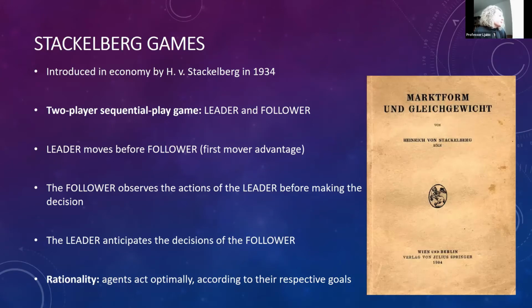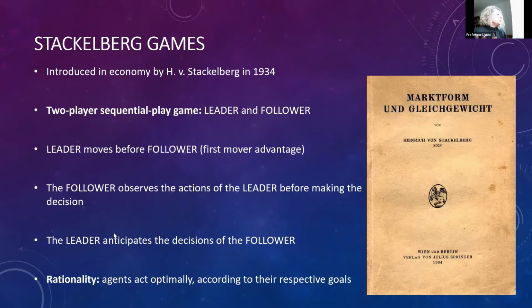The leader moves first, the leader makes a decision, and then the follower observes this decision and then tries to maximize her payoff. The key point is that the leader can anticipate the decisions of the follower because the leader has the perfect knowledge of the strategies of the follower, which means that the leader can integrate into his or her decision-making the answer, the optimal response of the follower.